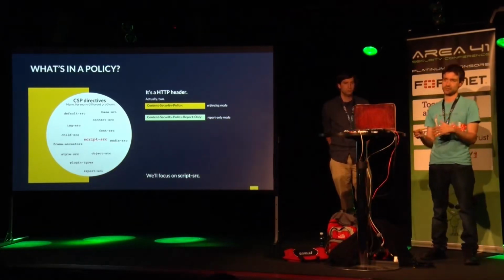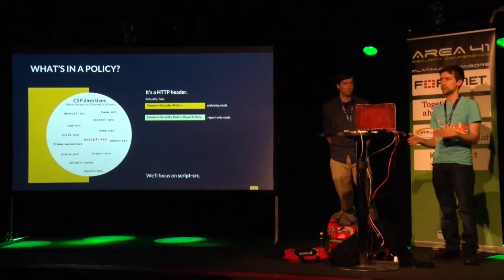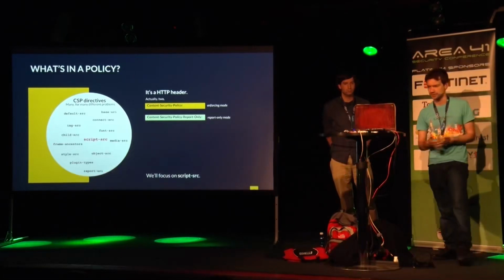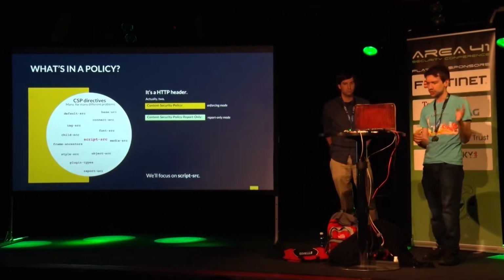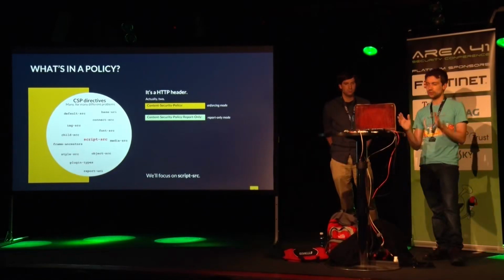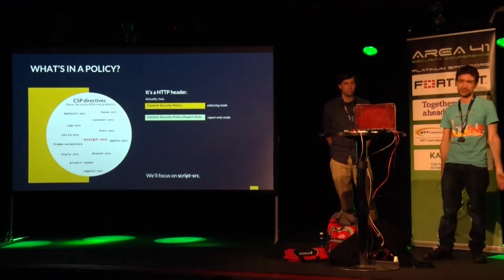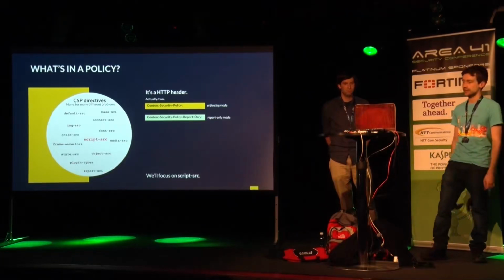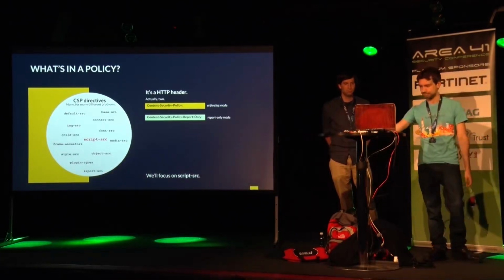You can, for example, say, I want my application to be framed just by these origins, but not the others. You can do it with frame-ancestors. Style, media, object, and so on. But we'll focus in this presentation on script-src, because this is what matters most against cross-site scripting attacks.